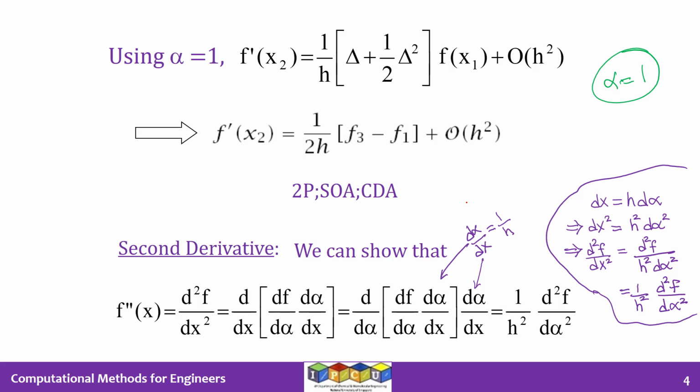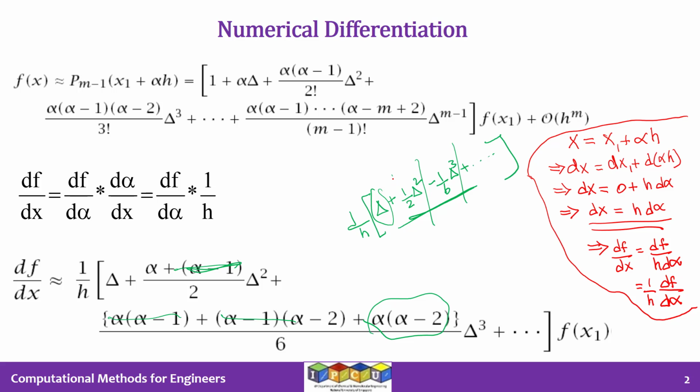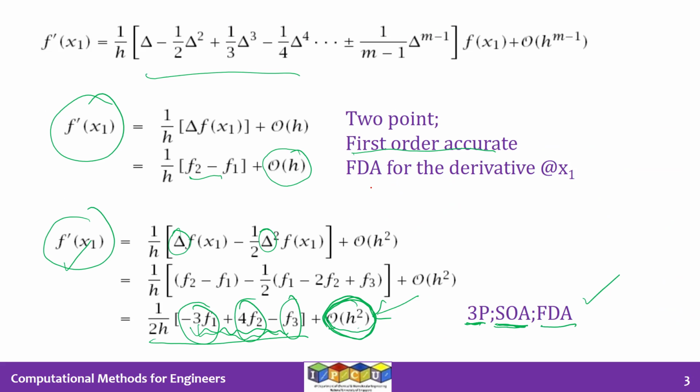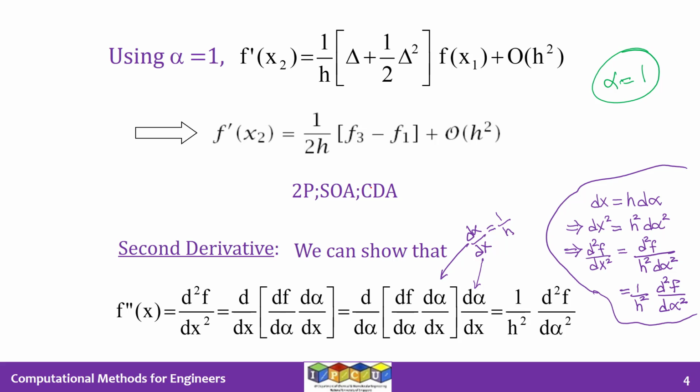So here is an example with retaining the first 2 terms in the square brackets. That means retaining delta and delta squared by 2. So if you do that, you get this expression. And the error is going to be of the order of h squared. Why? Because it is going to be of the order of h to the power of m minus 1.